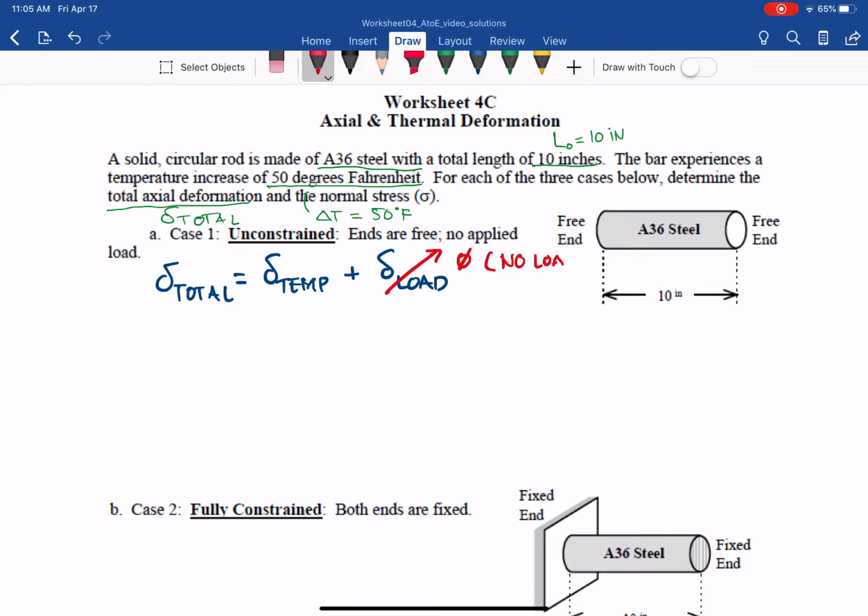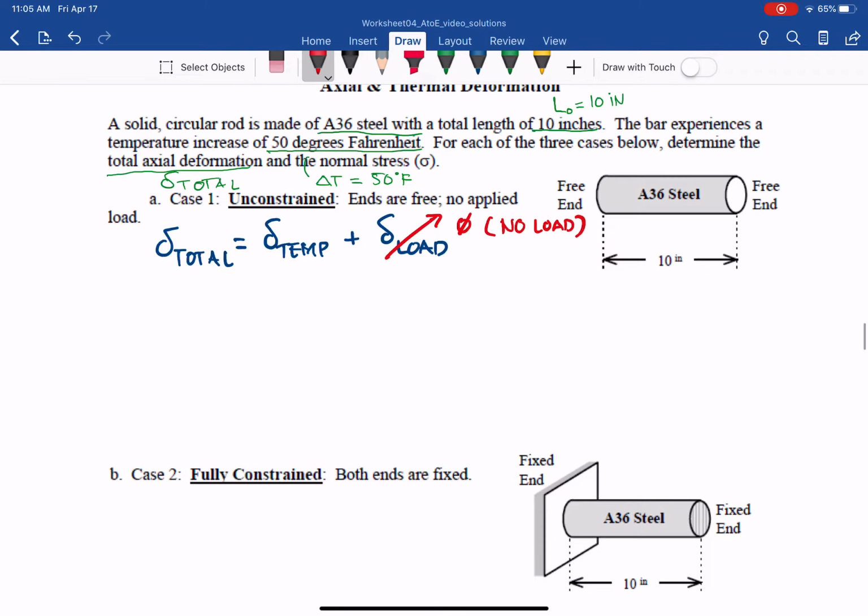So for the first case, we just find the temperature deformation, which is the total deformation. Let's see what is given. We already have L0 equal to 10 inches, delta T equal to 50 degrees Fahrenheit, and then we have E for A36 steel.